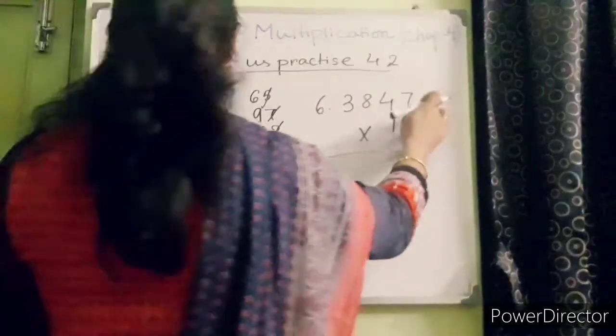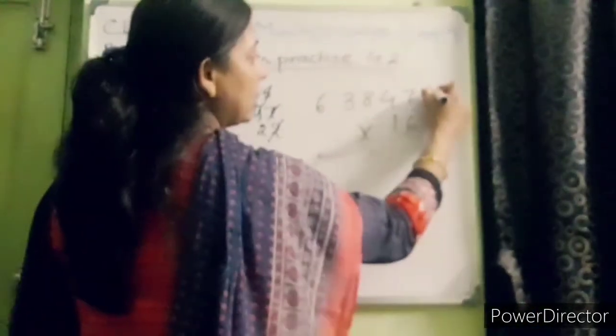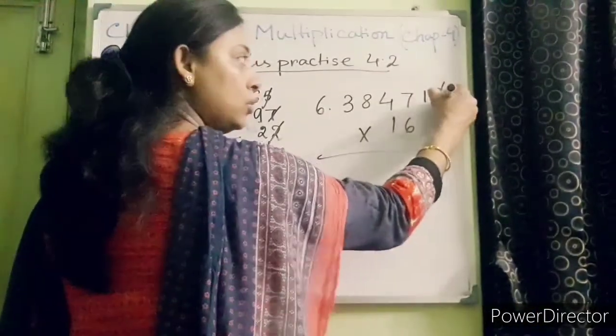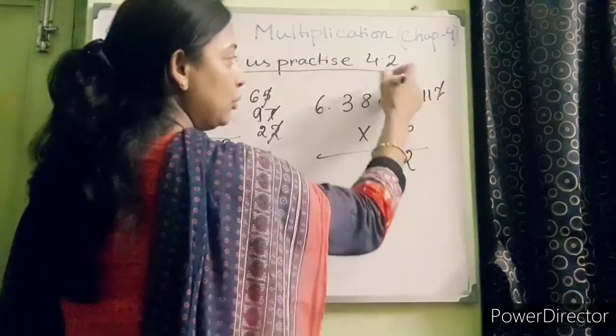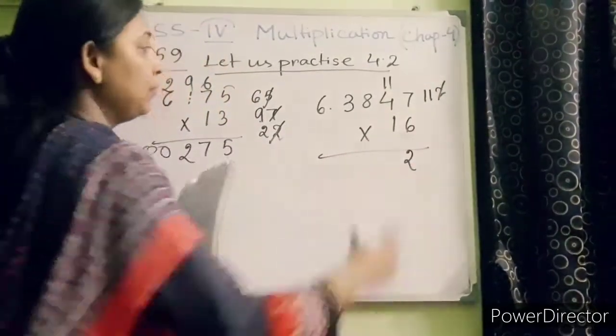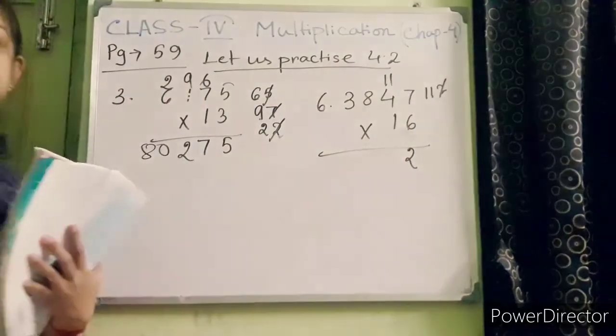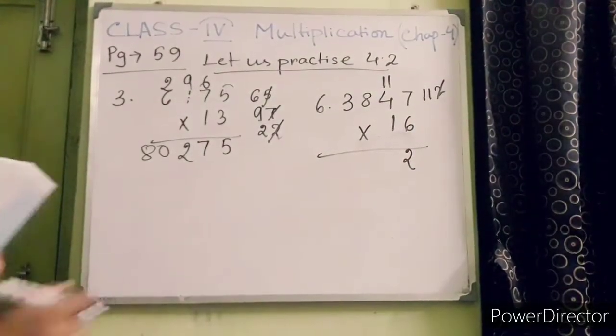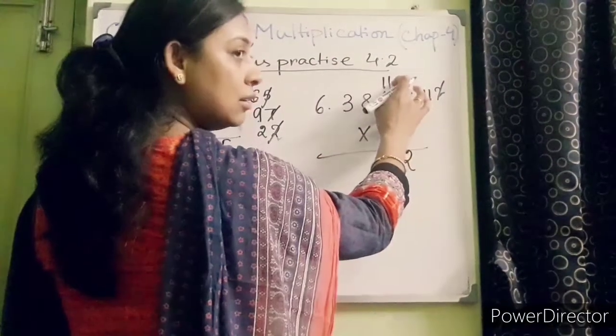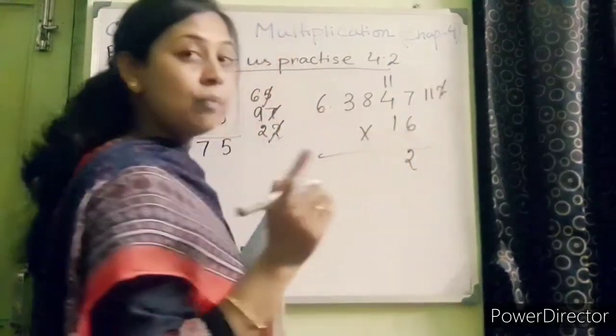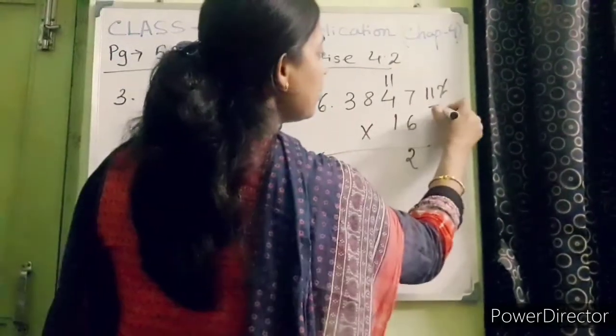So 16 times 7, 112. Cut 2 and write here, put 11 on 4. 16 into 4, 64. 64 plus 11, 75.